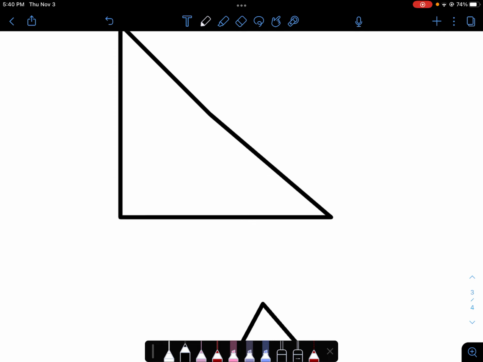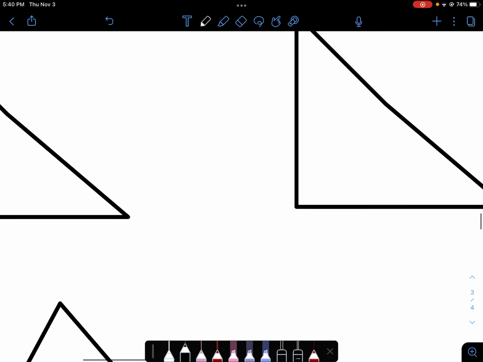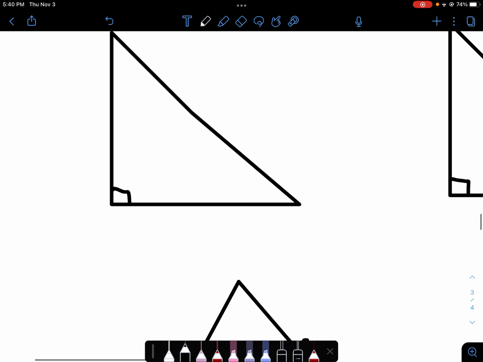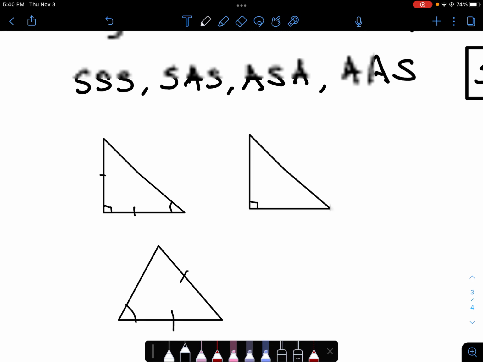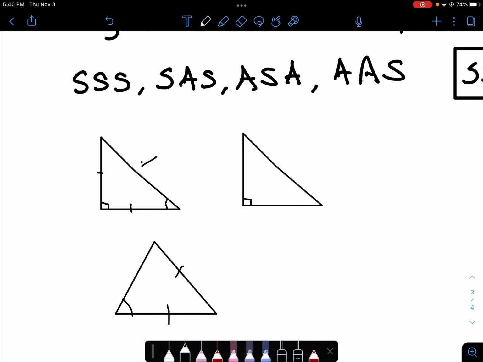But once it's a right triangle, if you know this angle and then you have two sides, the hypotenuse is going to be the same every time.